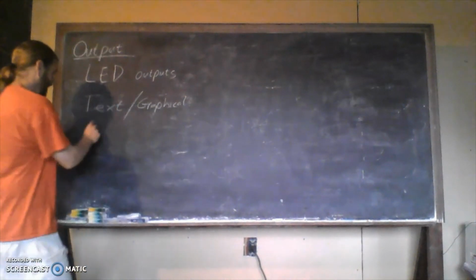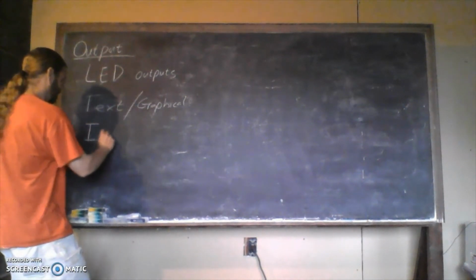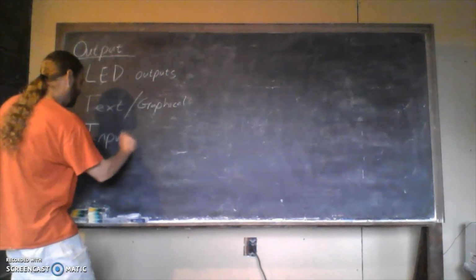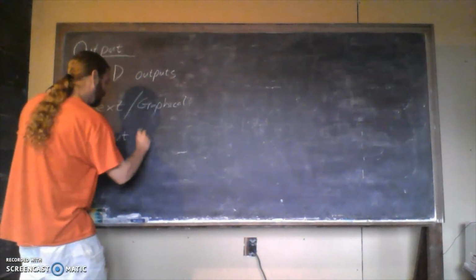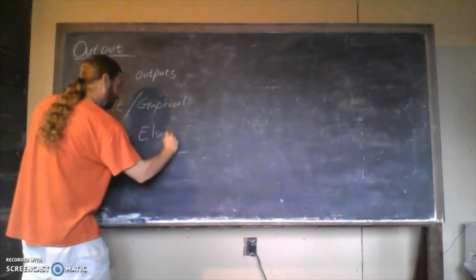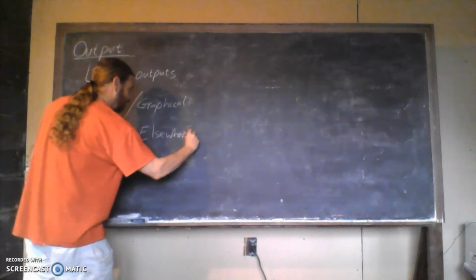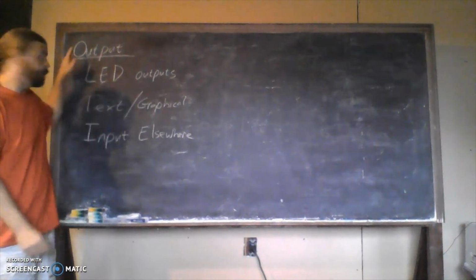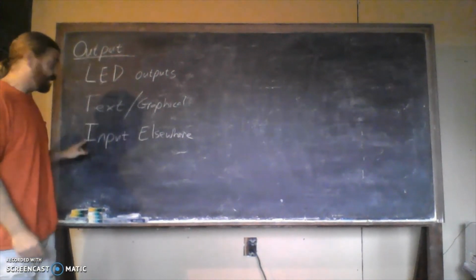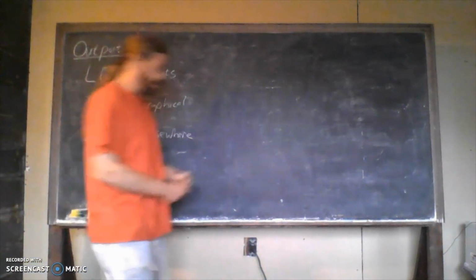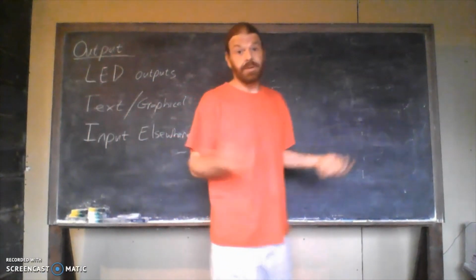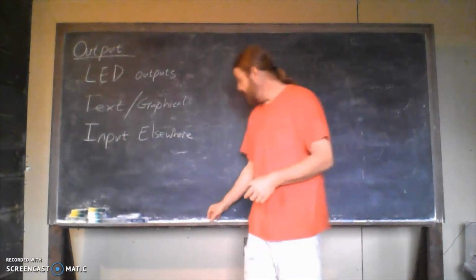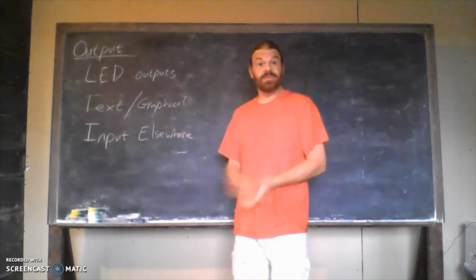To categorize it, I decided to just maybe put input elsewhere. So the last kind of category for this video of things that we could do with our output is just to have that output as input elsewhere, such as the regular PC screen. So let's go look at a couple examples of that and talk about that.